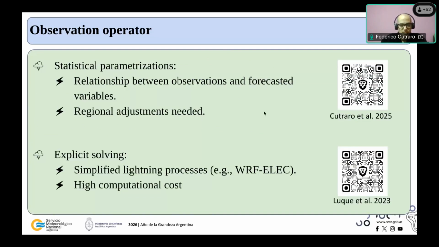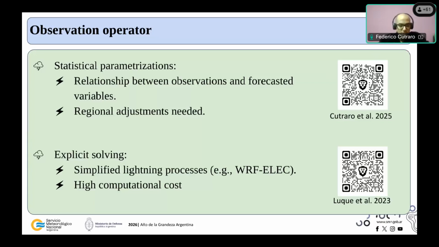We performed an analysis in this paper where we showed that vertically integrated ice content is well correlated with lightning observations, but this approach has the problem that we need a regional adjustment if we use it in another region, and also it is model dependent. So if in the future we apply some changes in the model, we need to perform an adjustment.